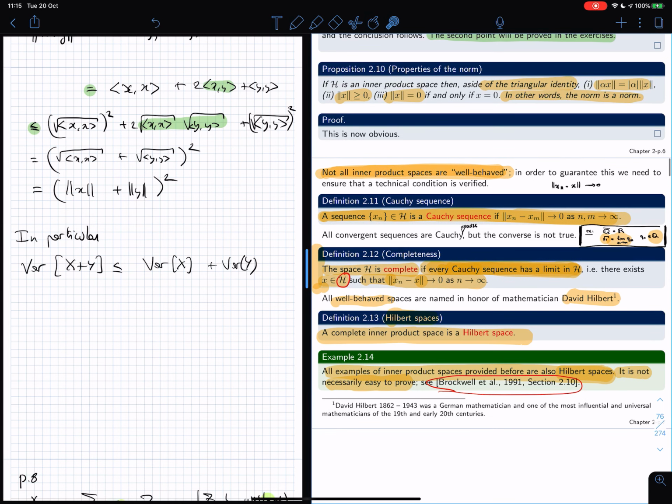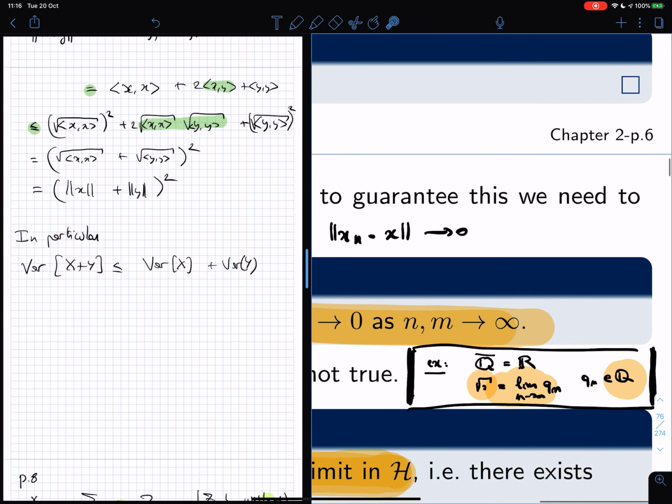Now, what does it mean having no holes? Well, it requires one more definition that will come back quite often in the course. It's the notion of a Cauchy sequence. What's happening here is that we have a sequence which is converging to some element, in the sense that these elements are becoming closer and closer. However, the element to which they are going is not an element of the space on which you're working.